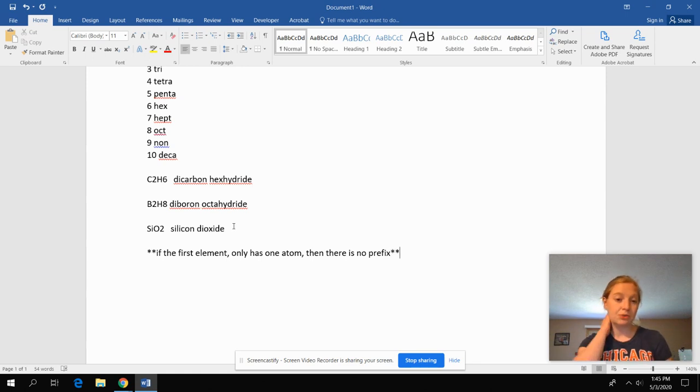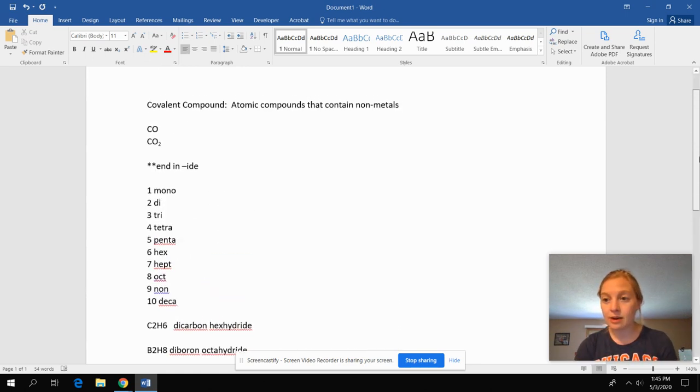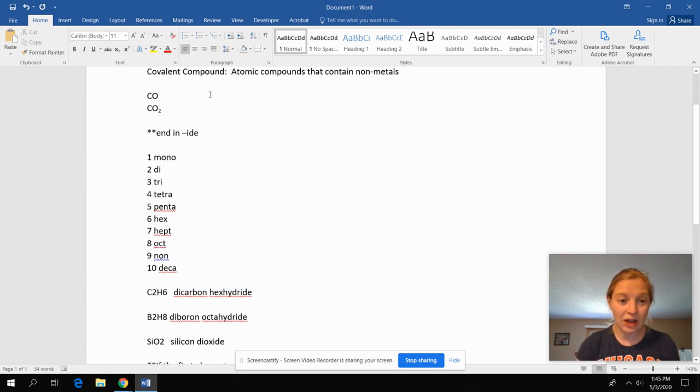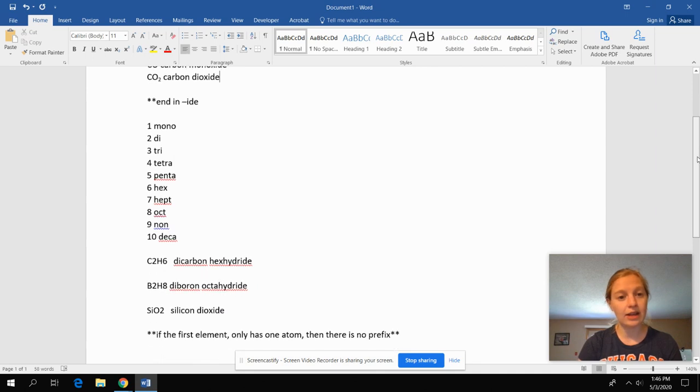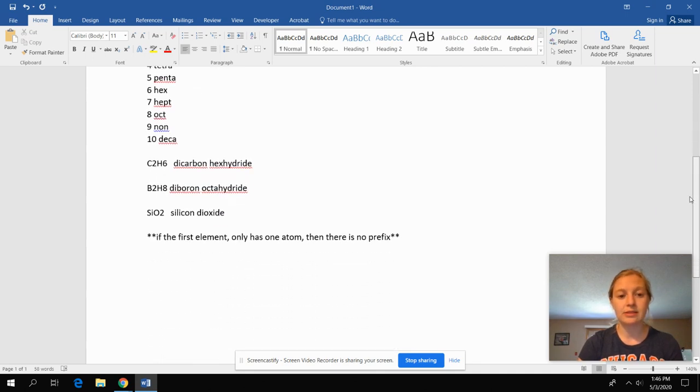You can see that rule in effect up here as well, where this one was named carbon, no prefix, monoxide, there is a prefix on the second one. And same thing with this, it's carbon, but this one is dioxide. So if there's only one atom of something, there's no prefix, but there's always a prefix on the back end, and then it'll end in ide if there's only a single element, which all of these do have.